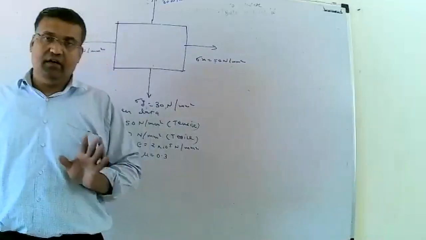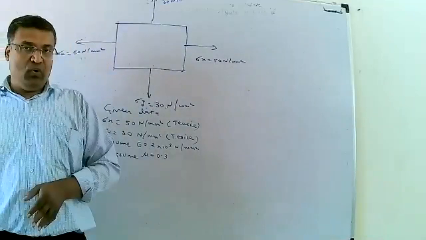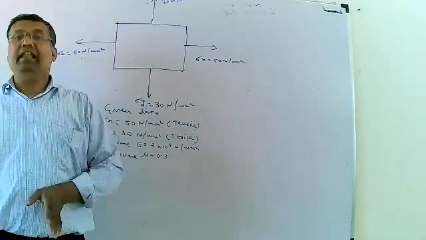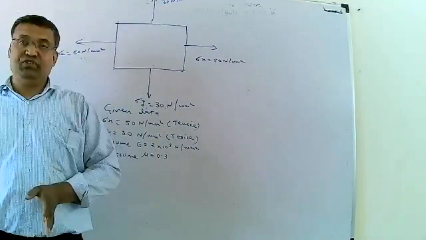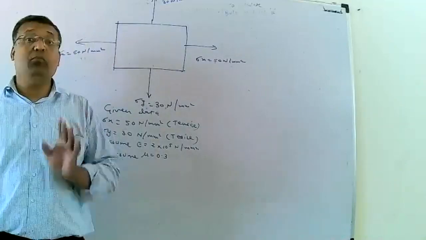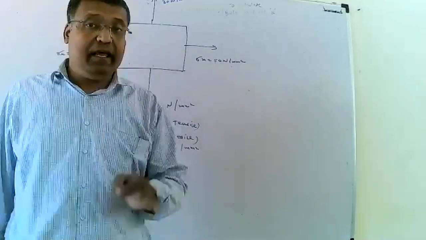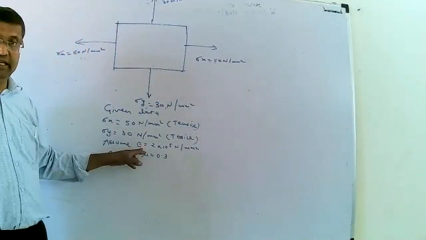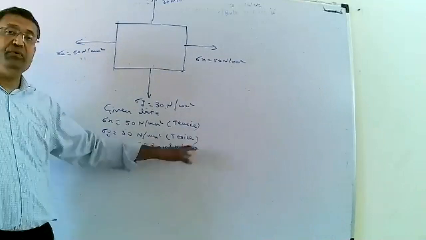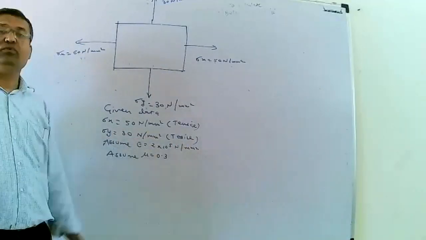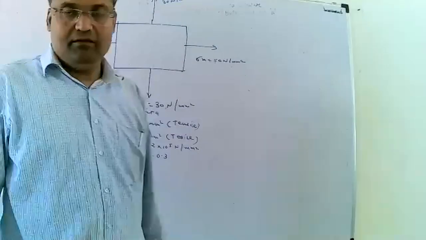Always keep in your mind, if the values of Young's modulus of elasticity as well as the Poisson ratio are both not given in the problem, then always assume the value of E as 2 into 10 raised to 5 Newton per mm square and mu as 0.3.